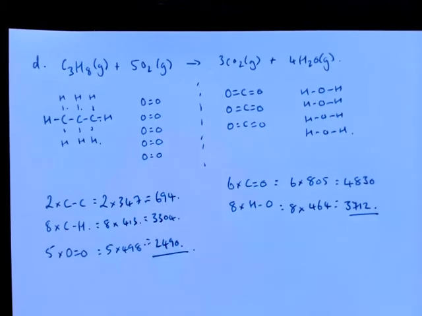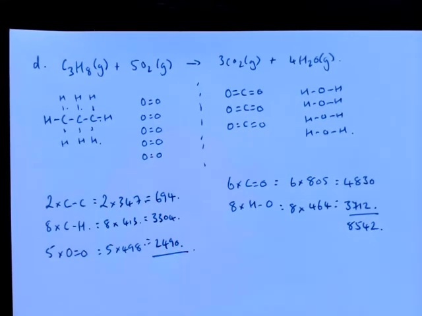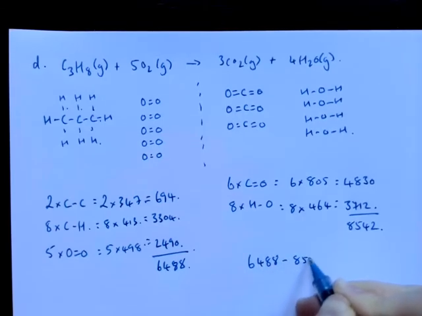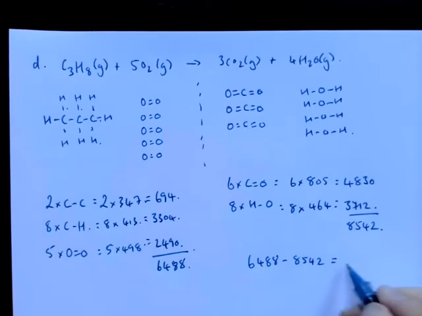Now if I add those up, what do I get? 8542, and over here I get 6488. So I do 6488 minus 8542. Remember, it's always this number minus this number, and I get minus 2054 kilojoules per mole. Yes, it is a large negative number, larger than before.